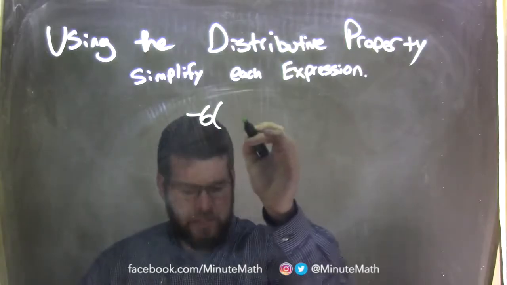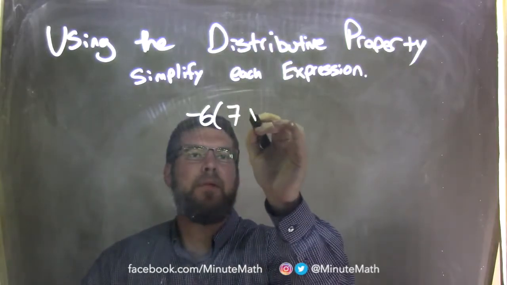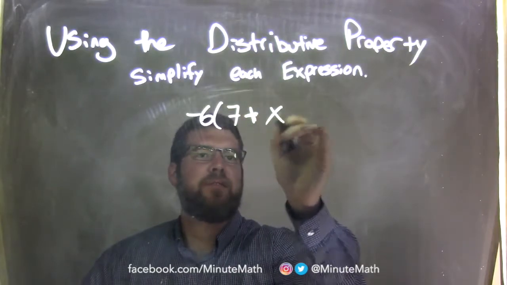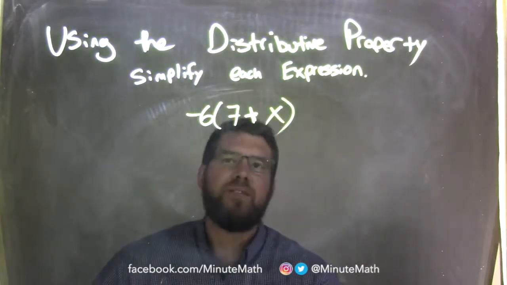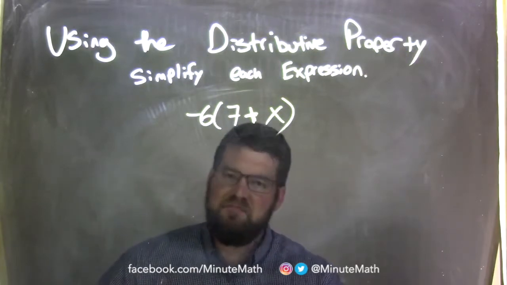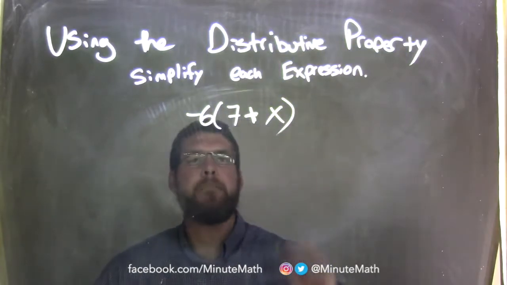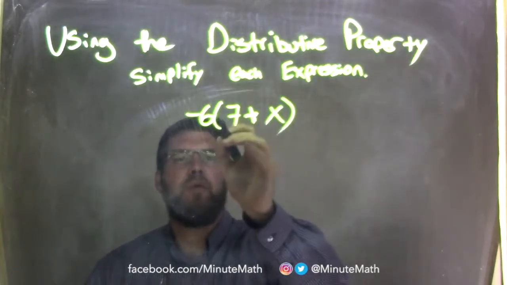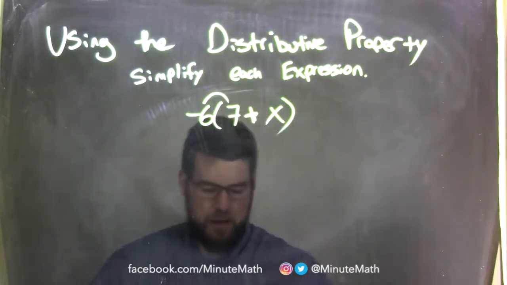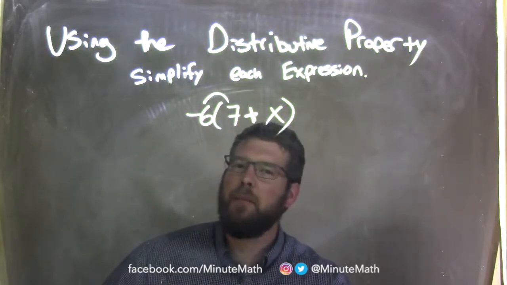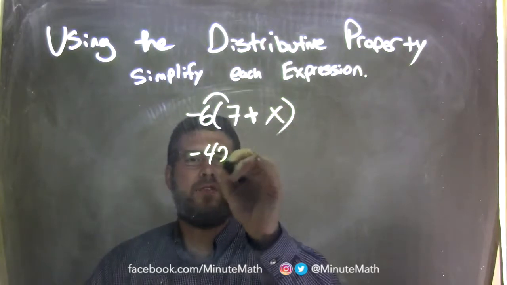Negative 6 times 7 plus x. Okay? 7 plus x. Well, 7 plus x, not like terms, can't combine them, even though they're in the parentheses. So now we have multiplication on the outside. So negative 6 times 7 comes first, and that's a negative 42.